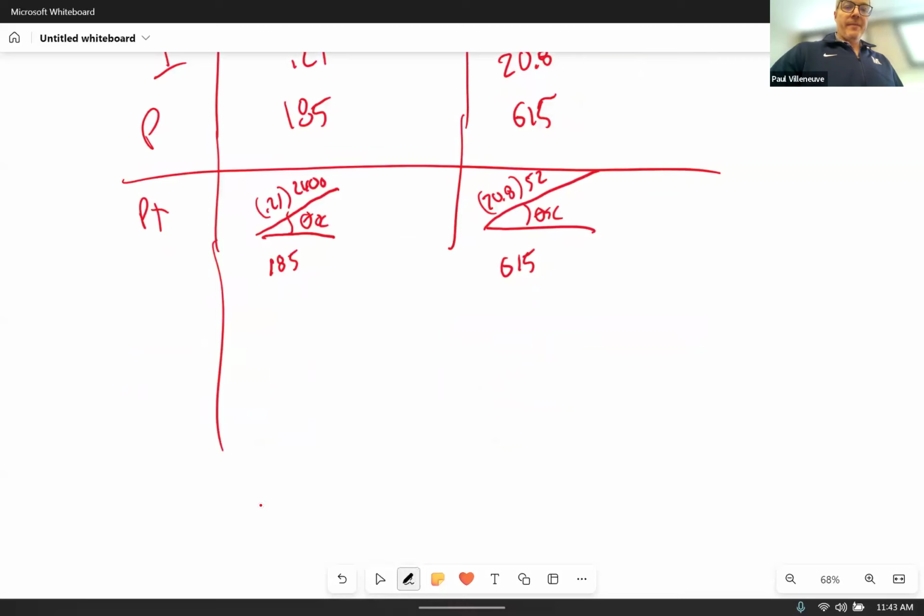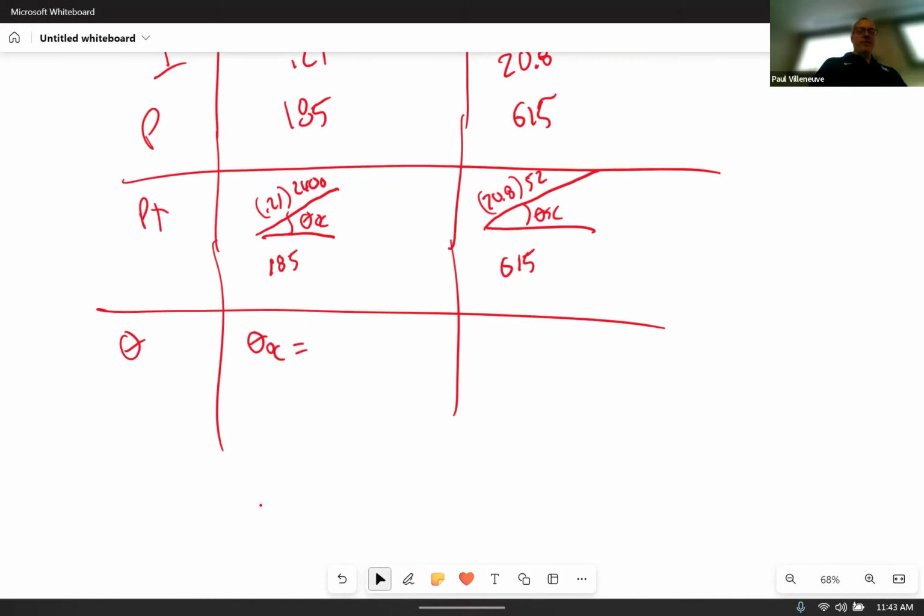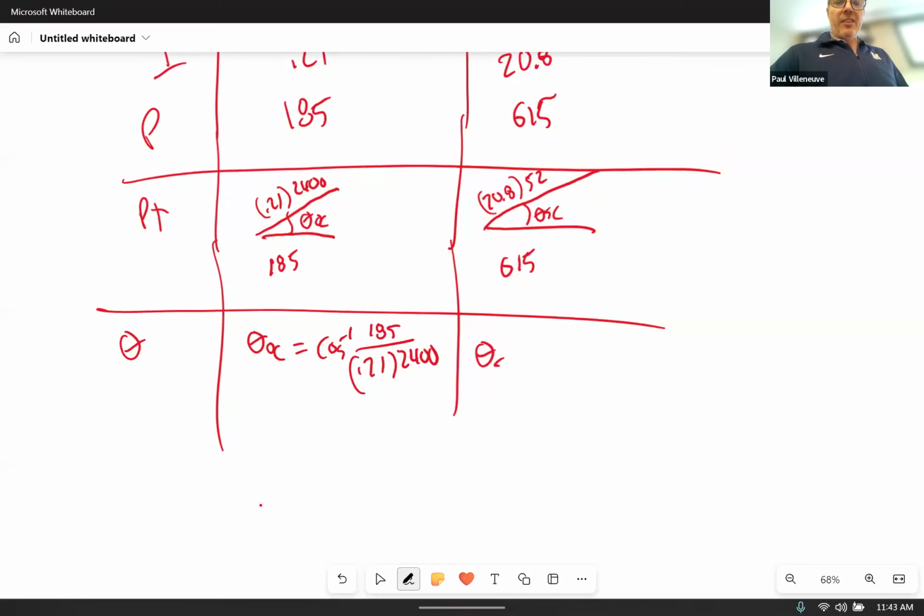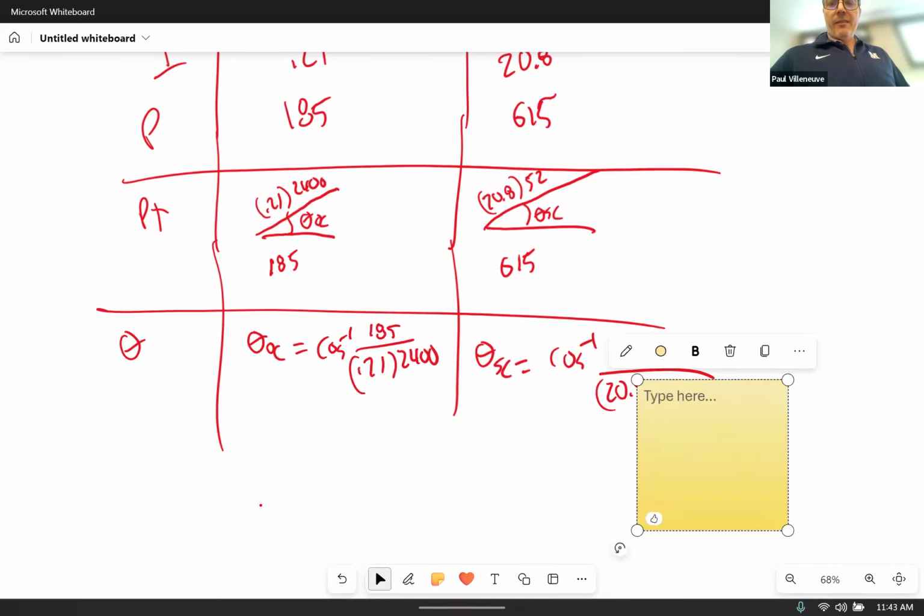So continuing up, I've got my theta. So theta open circuit is equal to the inverse cosine of 185 over 0.21 times 2400. And I'm writing these just so that you know they're different. Cosine minus 1, 615, all over 20.8 times 52.